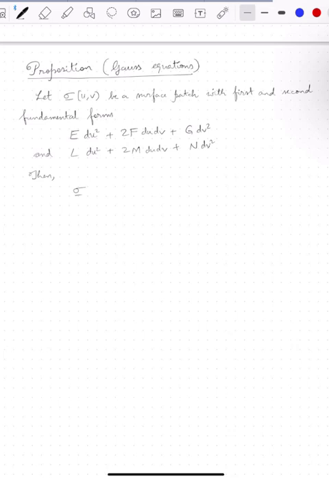you can express sigma_uu is equal to gamma^1_11 sigma_u plus gamma^2_11 sigma_v plus L times the n vector, right?